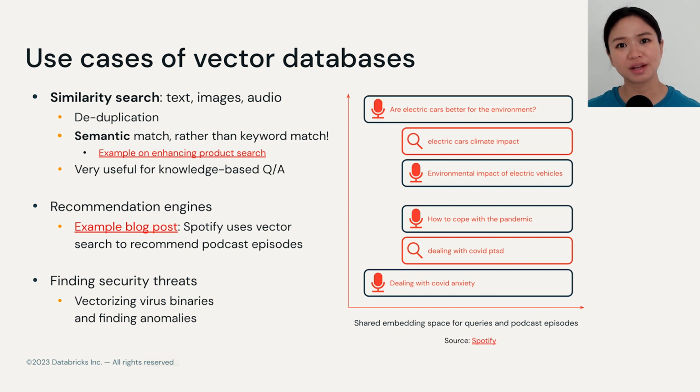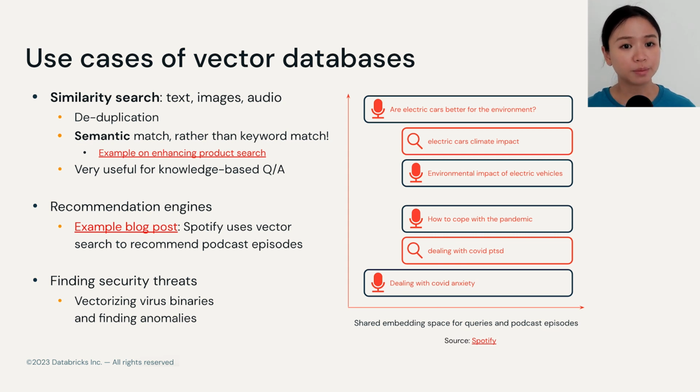Let's go through a few more example use cases of vector databases. With vector search, we can calculate the similarity between the vectors. This is incredibly helpful to build knowledge-based Q&A systems. It also gives us the ability to find duplicate items. We also see that in the industry, people use vector search and vector databases to build recommendation engines.